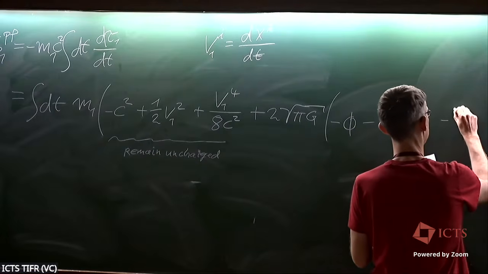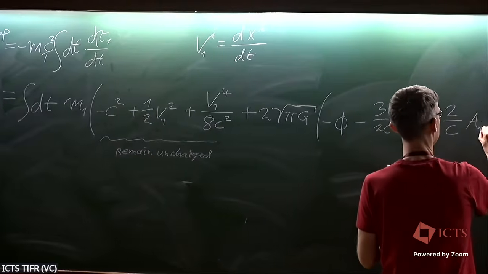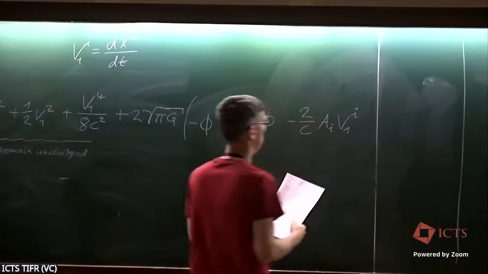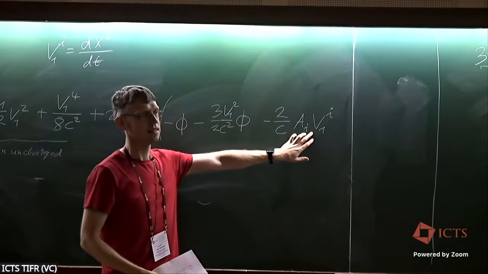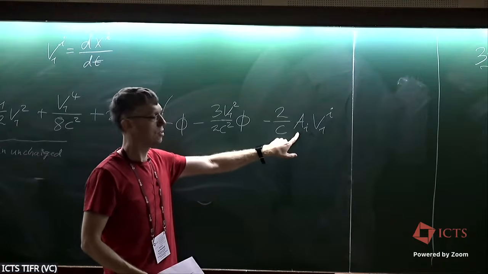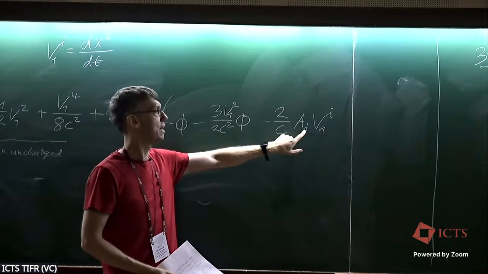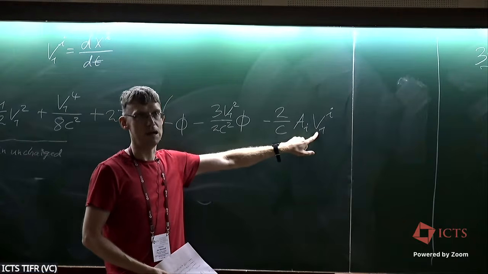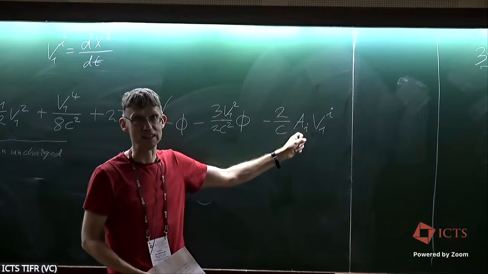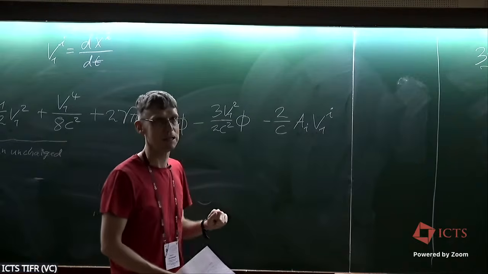And we also have an interaction at 1 over c with the vector potential, right? So that's quite nice and pleasing to see, because in order to create a gravitomagnetic field, basically you need a moving mass, right? So a flow of mass will create a gravitomagnetic field, just like moving charges will create magnetic fields in electrodynamics, right?